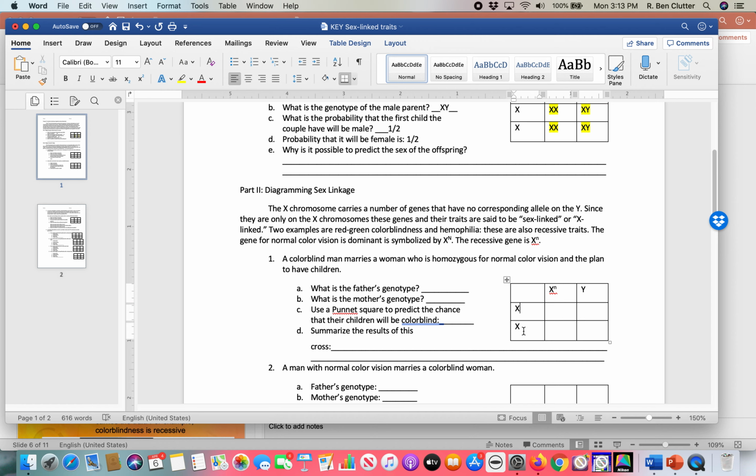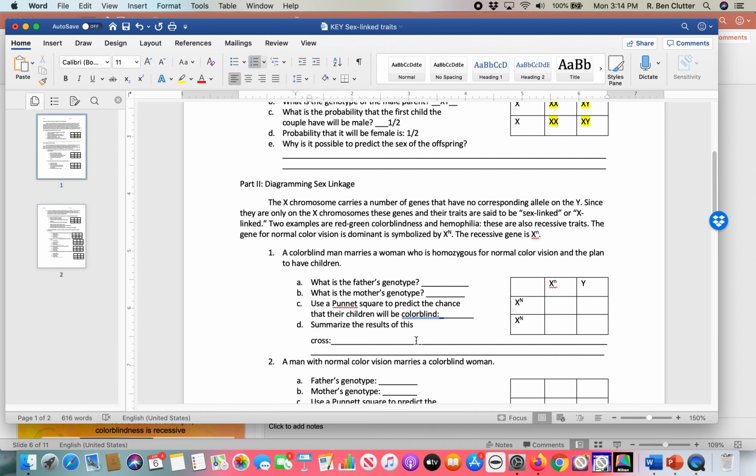So a woman who's homozygous for normal vision, so she's going to have a capital N on each of these. So capital N, where's my superscript at? There we go, capital N. All right, so summarize the results. So again, tell me in terms of males and females.